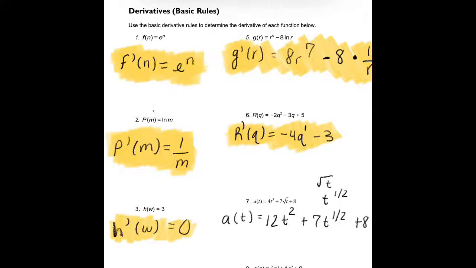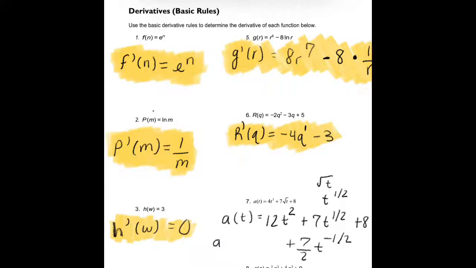To take the derivative of this, we would actually multiply 7 times 1 divided by 2. And that would actually be 7 over 2 t. Now, because we multiply 7 by 1/2, we want to, again, remember, use the power rule to bring that power down. So a half minus 1 is negative 1/2.